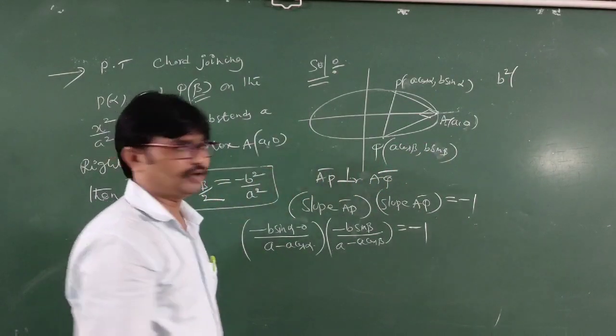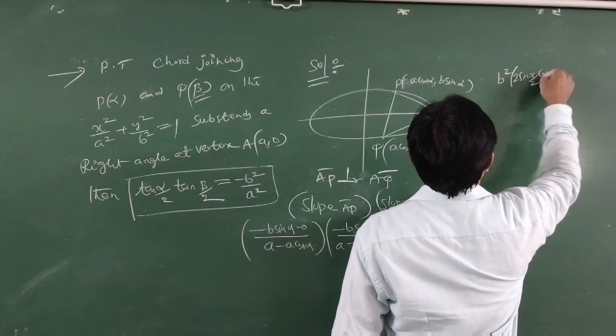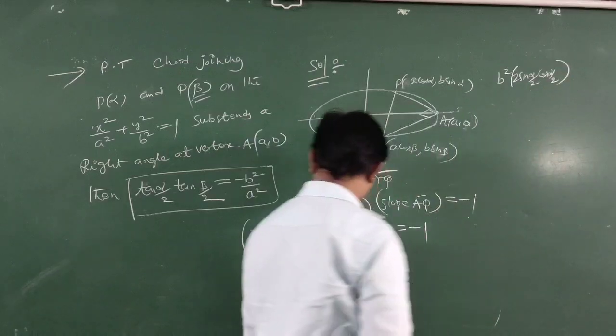What is sin alpha? From the submultiple angles, it is 2 sin alpha by 2 cos alpha by 2.